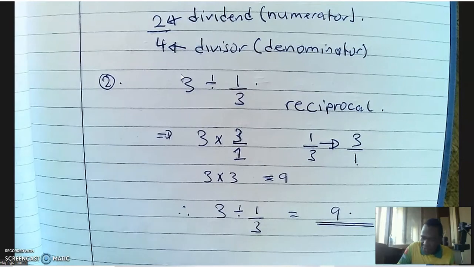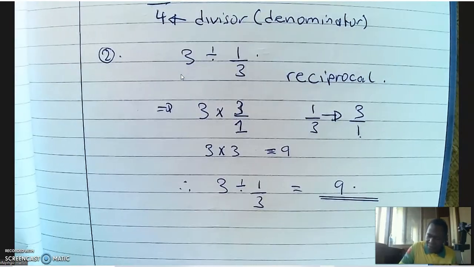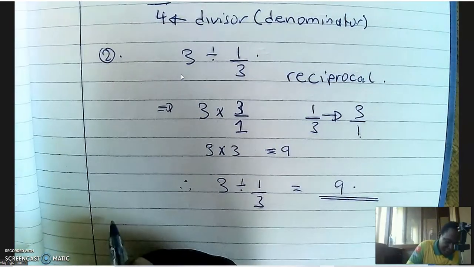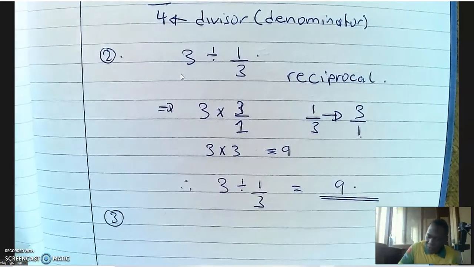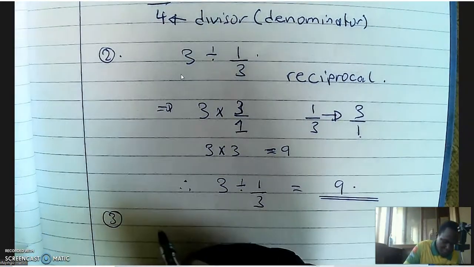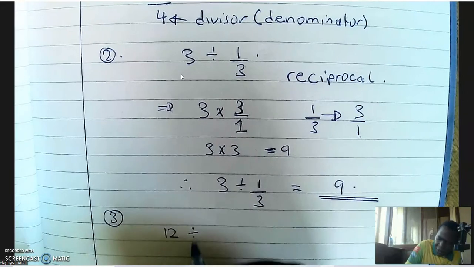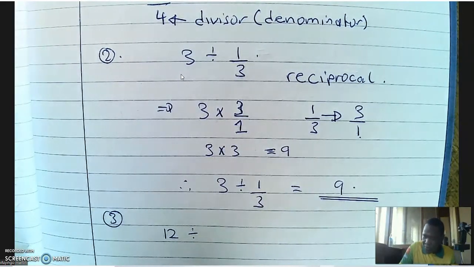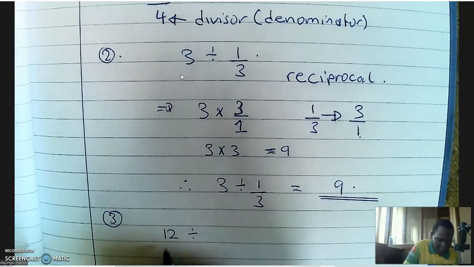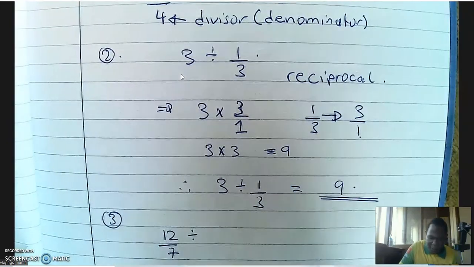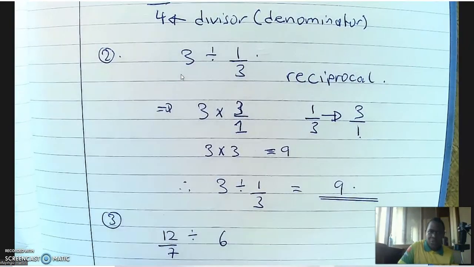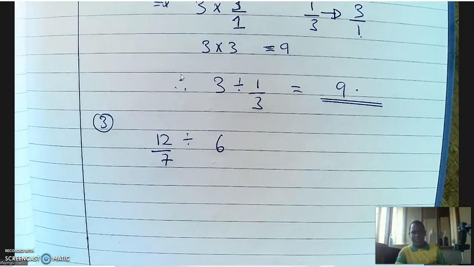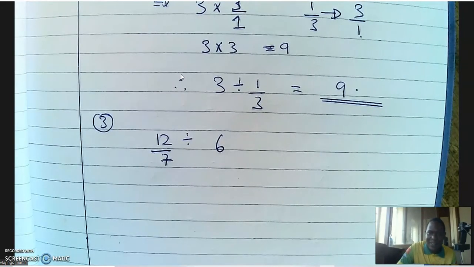Let me introduce another example. Example 3. If I have a question which is 12 out of 7 divided by 6, we can answer it like this.